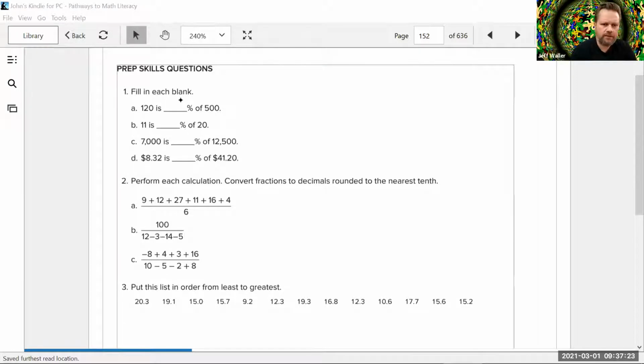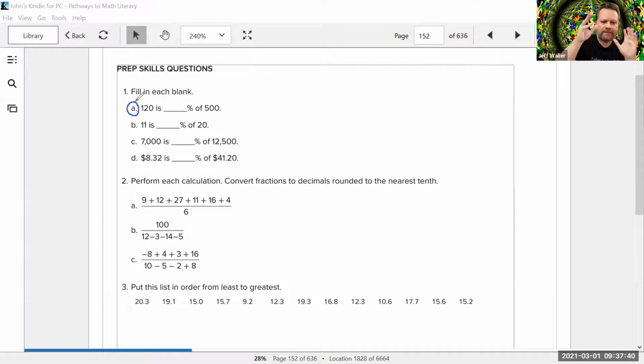You guys take a minute and do this first problem here. Do you guys remember how to do this problem? Hopefully you do, because this has been kind of the theme of the day, how to calculate a percentage given a part and a whole, right?